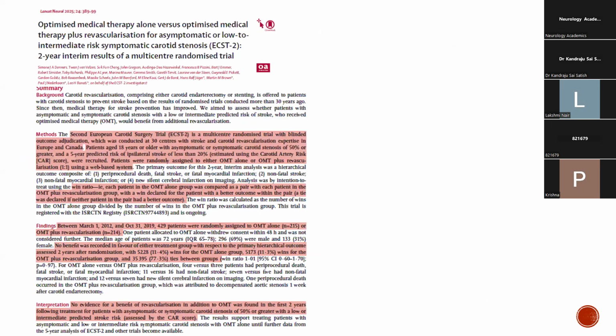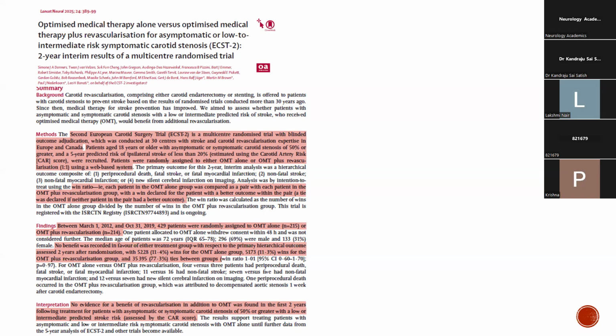So in this ECST trial, even though the patients had symptomatic as well as asymptomatic carotid stenosis of more than 50%, they further grouped them based on the carotid artery risk score. That is, patients with less than 20% may not require stenting, even if they are symptomatic.